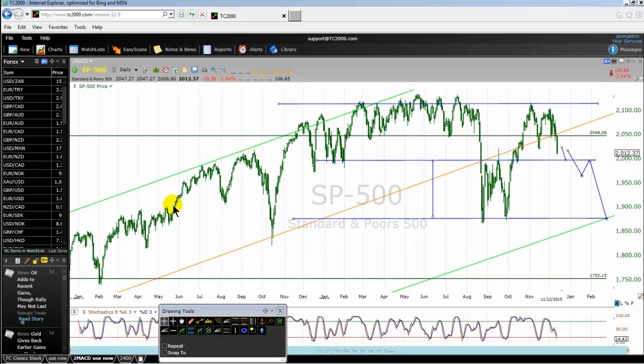taking place. And there is another reason why the S&P 500 is also consolidating here, which is due to high impact economy news. There are various reasons why a financial instrument may consolidate. Whenever you see a financial instrument consolidating, you must ask the question, what are the factors that are causing this consolidation?